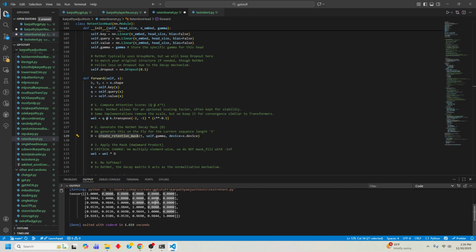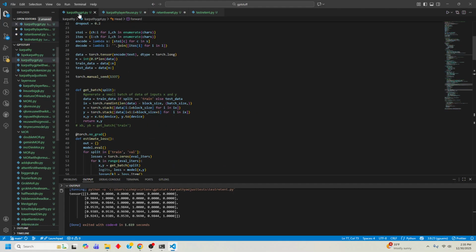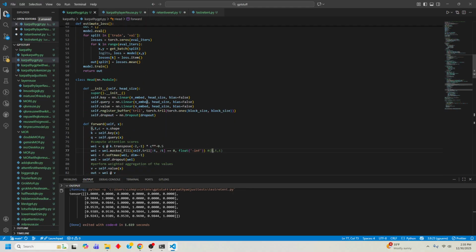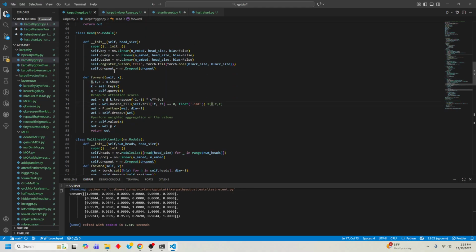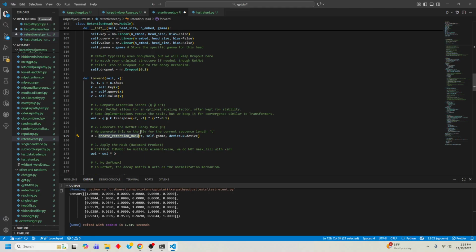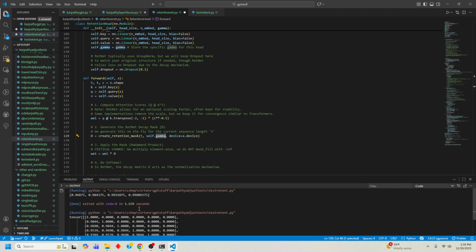Make sure you cannot look forward in time for each token, just like here. You cannot attend to future tokens. If we go back here, see, they do not attend to future tokens. There's only past tokens. So you create this retention mask with a certain gamma.